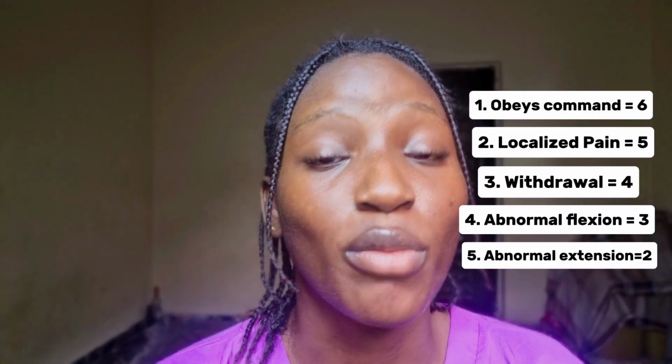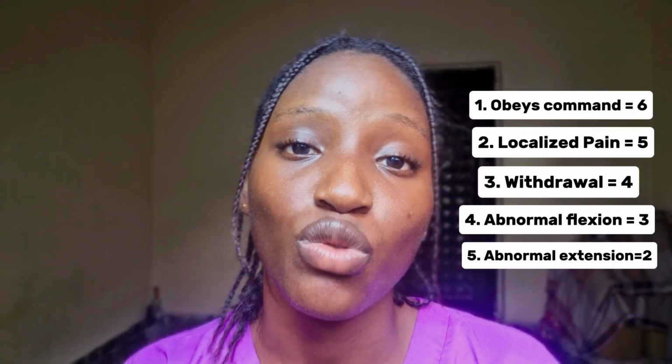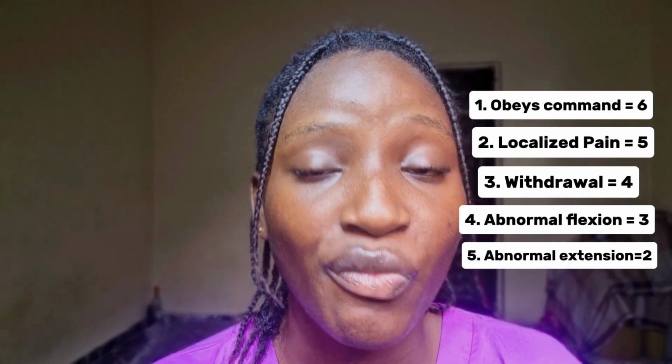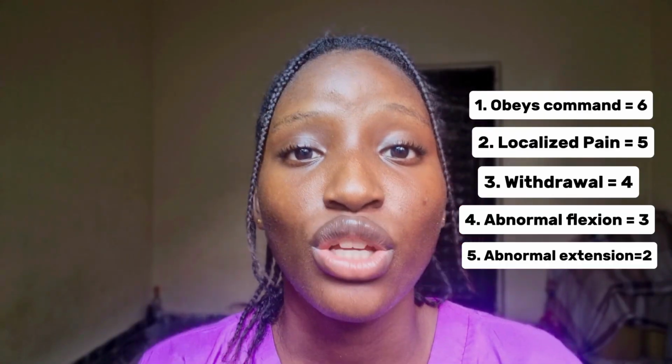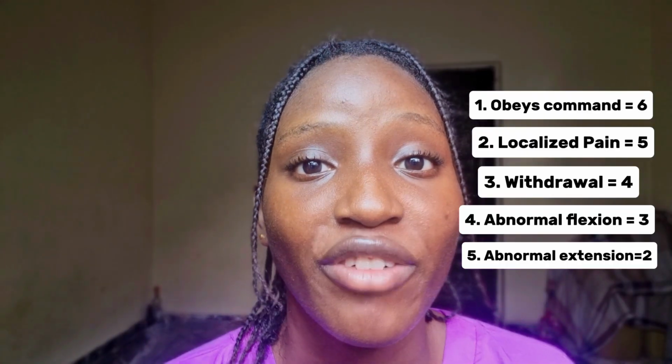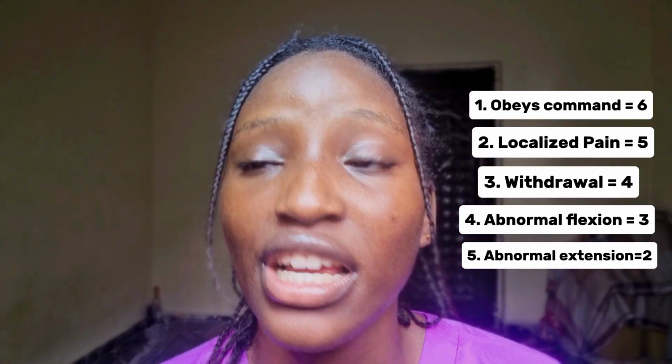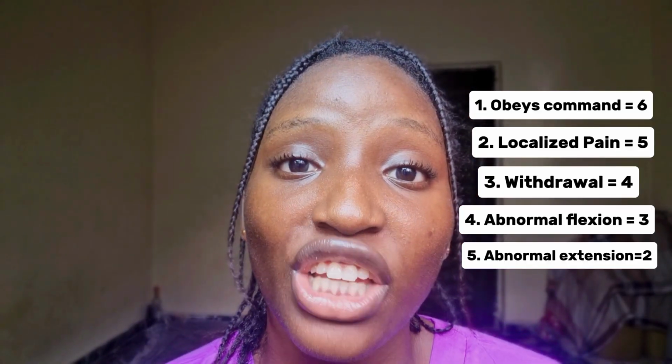So the actions for abnormal flexion, your patient moves the hand towards the midline of the body and abnormally curls the fist or curls the wrist. For abnormal extension, your patient extends their arm, moves it away from the body, and then internally rotates it. So both responses, abnormal flexion and abnormal extension, show that a part of the brain has been affected. So if your patient does abnormal extension, you're going to give your patient a score of 2.